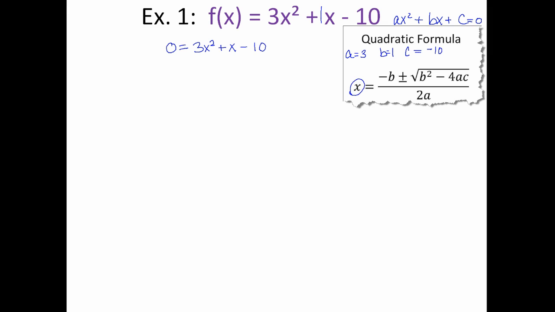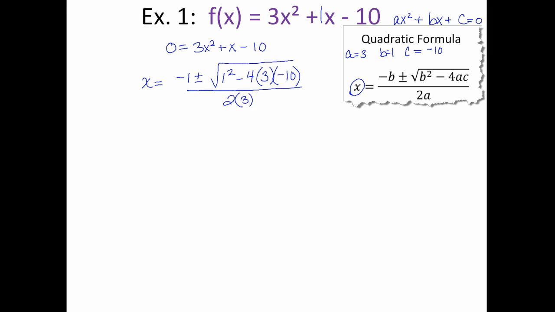Notice how this is set equal to x, because x is what is going to be given to me when I finish solving. So x is equal to, and I'm just going to plug into the formula, negative b, so it's negative 1, plus or minus the square root of b squared, which is 1 squared, minus 4 times a, which is 3, times c, which is negative 10, all over 2 times 3.